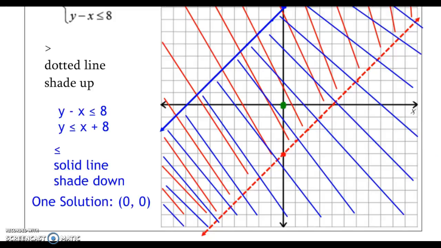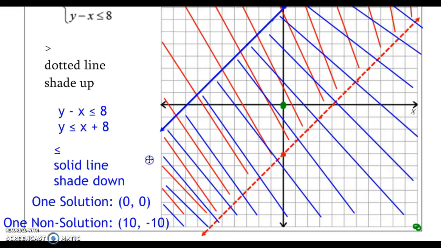Let me graph that up for you here. So this point, as you can see, is in the blue shaded region, but it's not in the red shaded region. So we can say one non-solution is 10, negative 10. Of course, you can see that it's not overlapped by the shading at all.